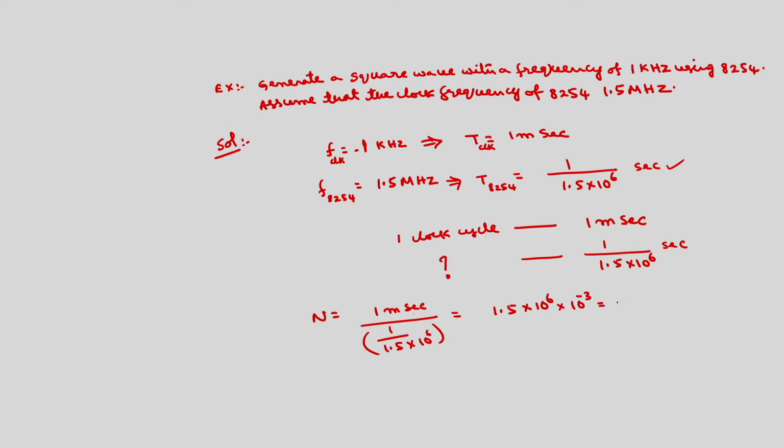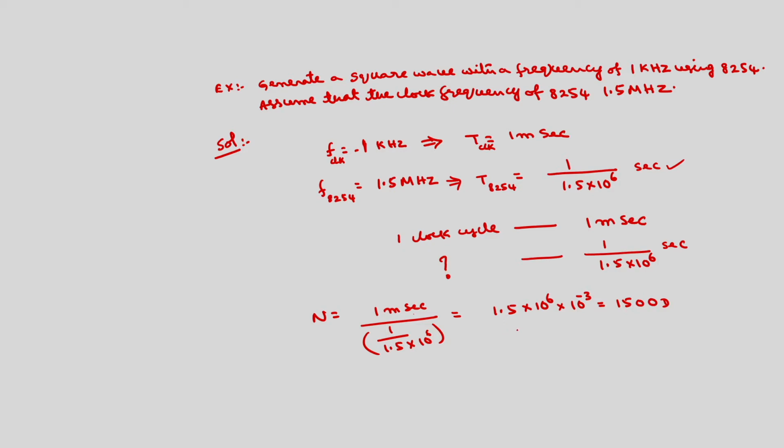So, this is equal to 1500. So, if I load this n value with 1500, as a decimal, I have to operate it as a BCD counter. Then we can generate a square wave with a frequency of 1 kilohertz at the out signal. Okay. So, in order to load this value, what will be the program?